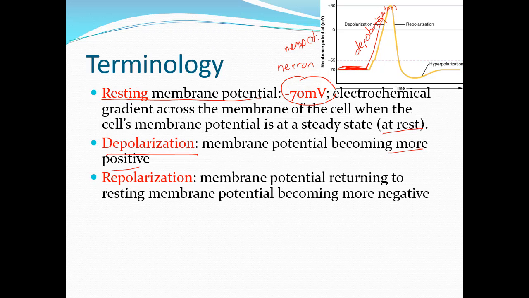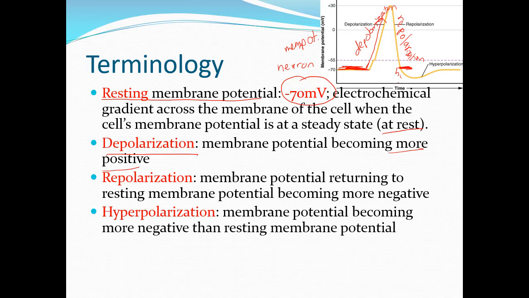However, if we're going back to resting membrane potential, this is called repolarization. So it becomes more negative, but not below resting membrane potential. It only goes up to resting membrane potential. If we go even further than resting membrane potential, this is called hyperpolarization, when it becomes more negative than the resting membrane potential.